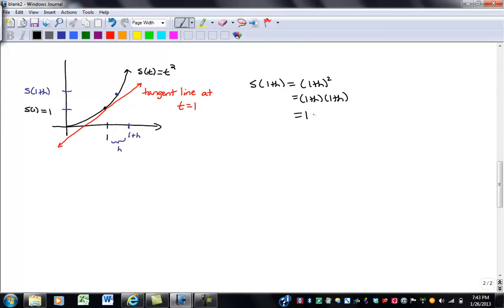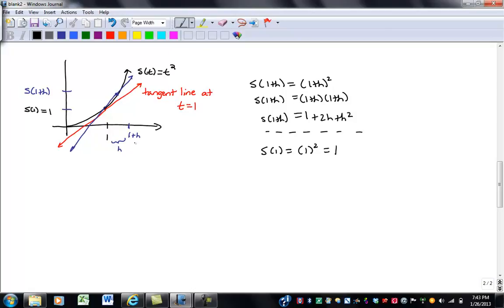And you get 1 squared, which is 1, plus 2h, plus h squared. So that's my second position. My first position was s of 1, and this is where I got my 1 from. It's just 1 squared. So the blue line would be the secant line between 1 and 1 plus h.